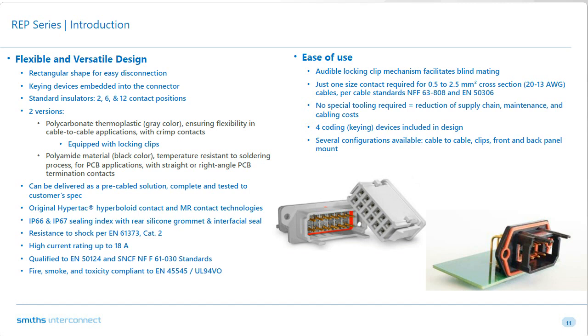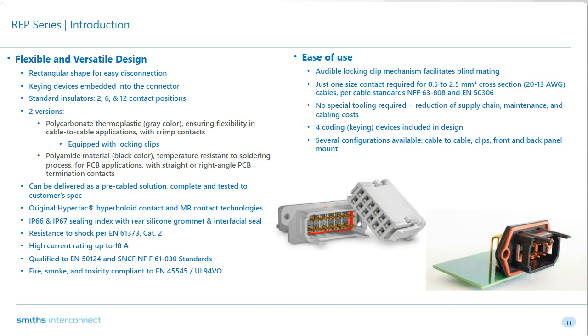Now, as I said quite a few times, the technician is quite important in this piece of the equation, right? It's not just hard technical requirements of so many amperage, voltages, et cetera. When you keep the technician in mind, the thing that we have designed is the audible locking clip to facilitate blind mating. Because as I said in one of my previous slides, think of the technician.